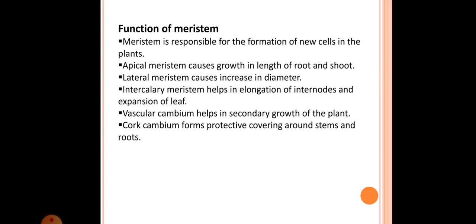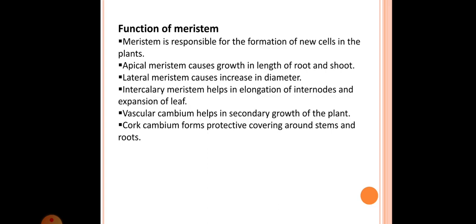Then next point is the function of the meristem. Meristem is responsible for the formation of new cells in the plants. Already in the definition we have seen the meristem has the power of continuous cell division.